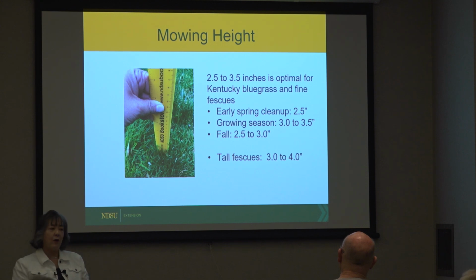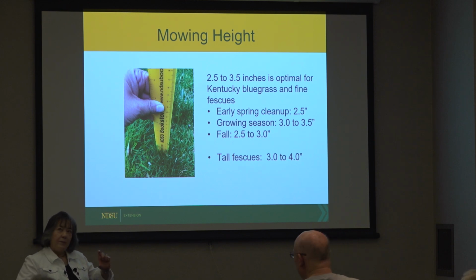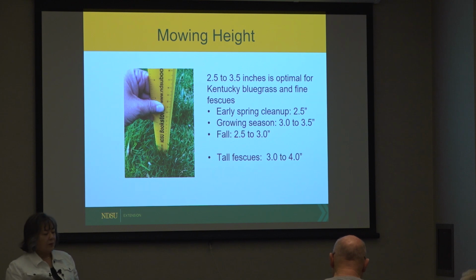So I challenge you all to do that. The easy way to measure this, just park your lawnmower in your garage on a level surface, get out a ruler and measure from your driveway up to the bottom of that mower blade. And you want to be in that 3 to 3.5 inch range.